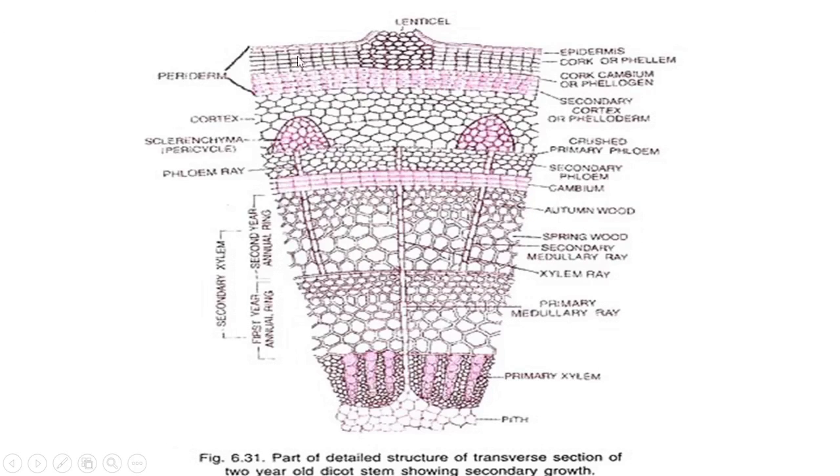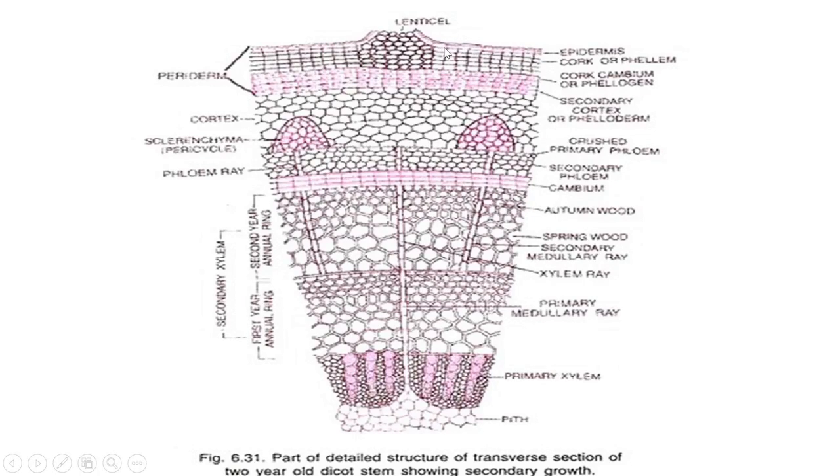Now see in this diagram, we have seen lenticels are developed on the epidermis. Then this is the region of extrastellar secondary growth that develops the secondary cortex. Then phellogen layer is here, phellem is there, and outermost is nothing but the ruptured epidermis.